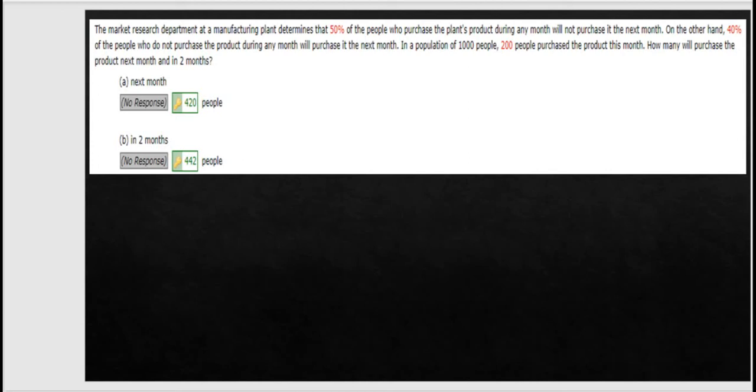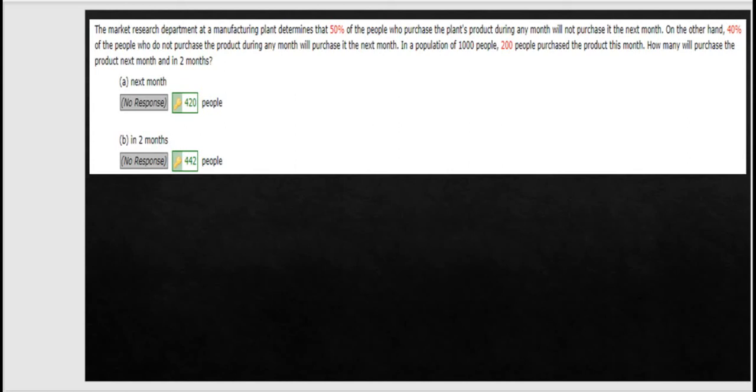So the market research department at a manufacturing plant determines that 50% of the people who purchase the plant's product during any month will not purchase it the next month. On the other hand, 40% of the people who do not purchase the product during any month will purchase it the next month. So basically what we have is those who purchase versus those who don't purchase.